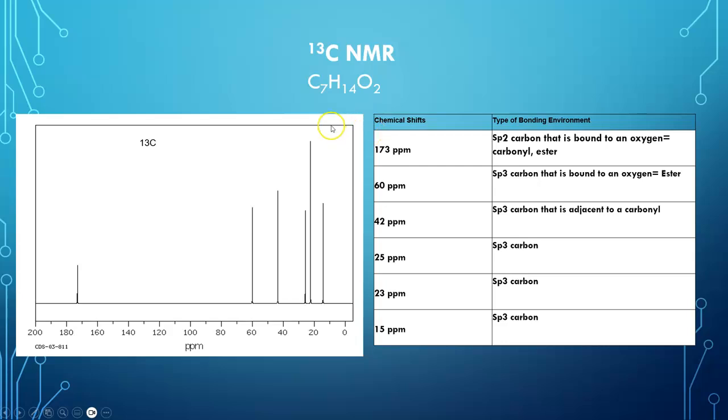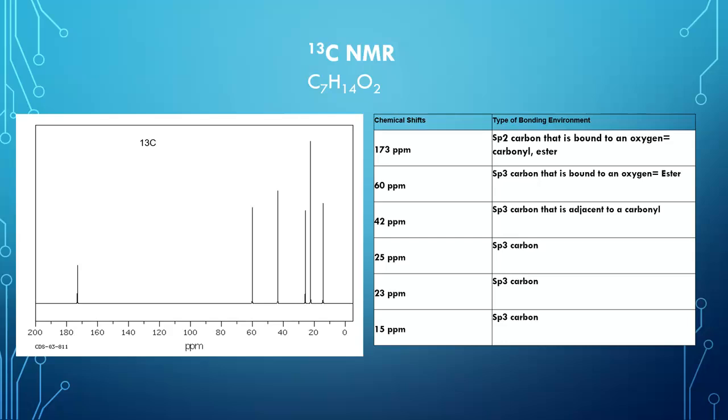So now looking at the carbon-13 nuclear magnetic resonance data, the first thing we need to do is count the peaks, which gives us 6. And this tells us that there's going to be 6 unique carbons within the molecule.